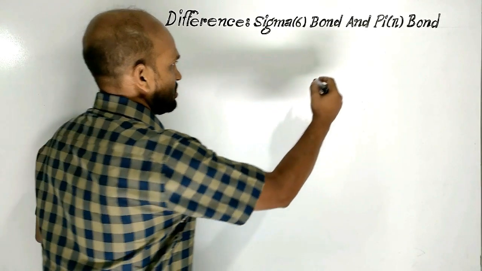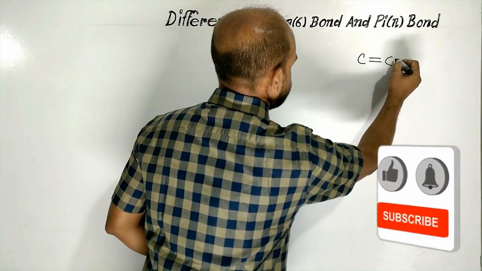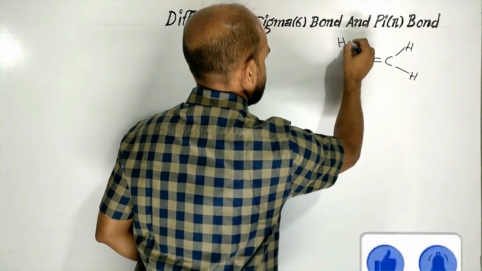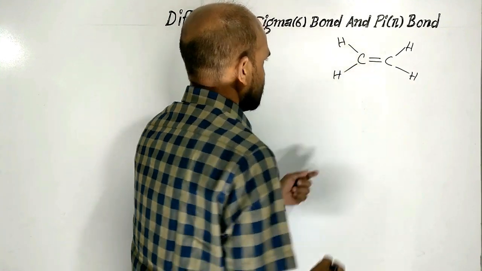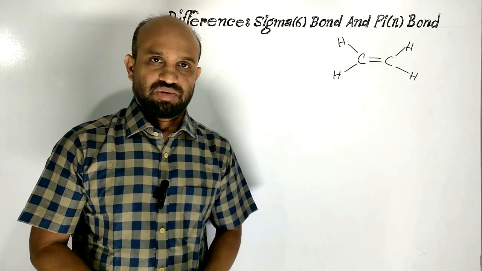Let us consider an organic compound that contains both sigma bonds and pi bond.